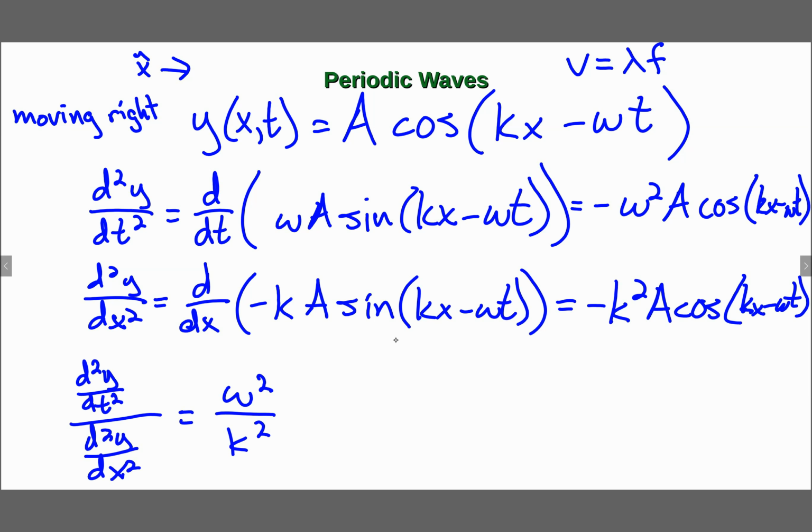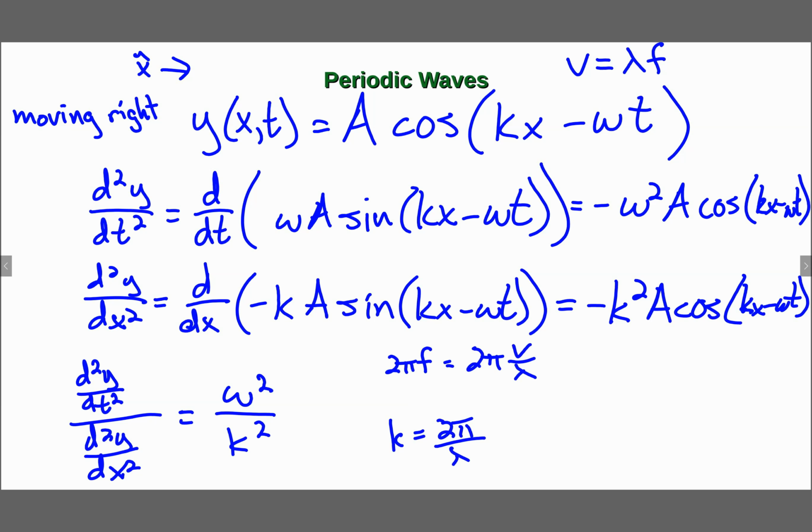And then remember that k is equal to 2 pi over lambda, and omega is equal to 2 pi f, which is equal to 2 pi v over lambda.